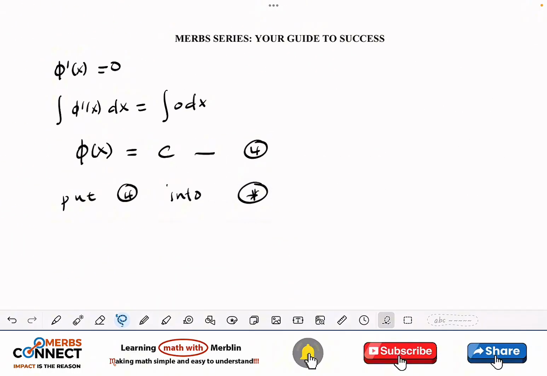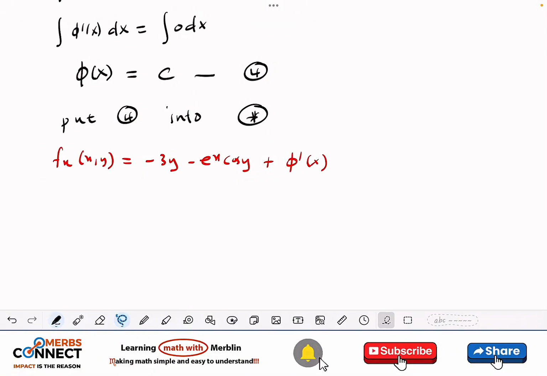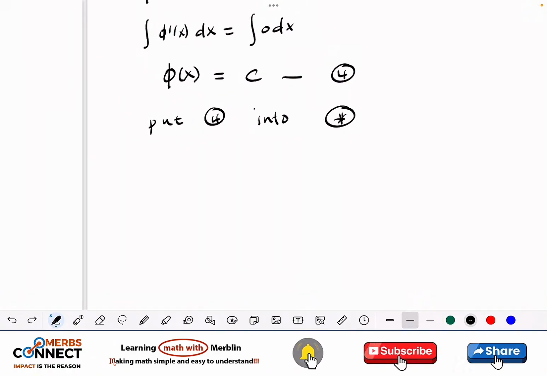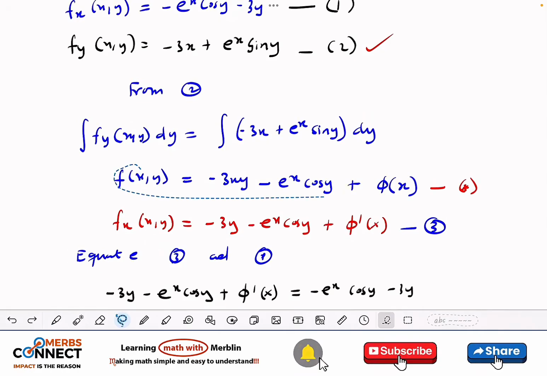Good. So now this is equation star. So we want to put this into equation star. So we are going to have f of, oops, this is not equation star. Wrong choice. Equation star is here. This is equation star rather.